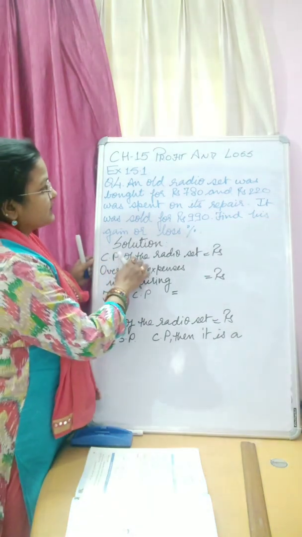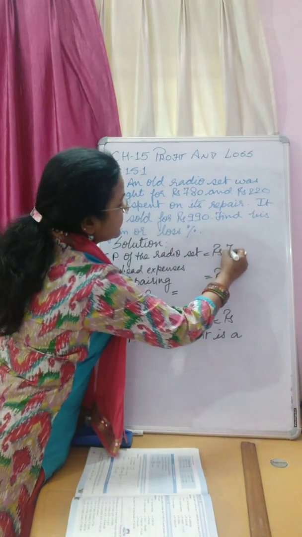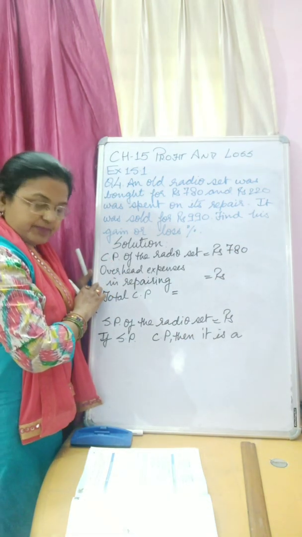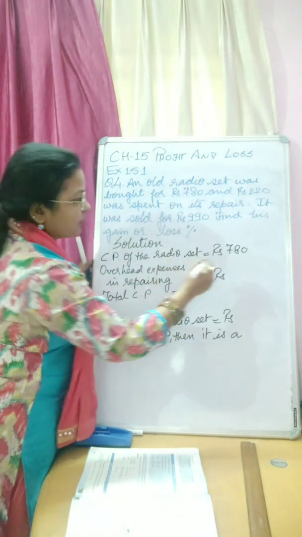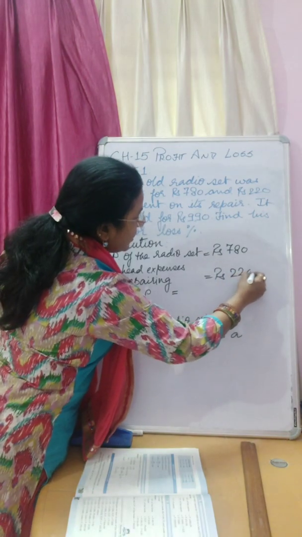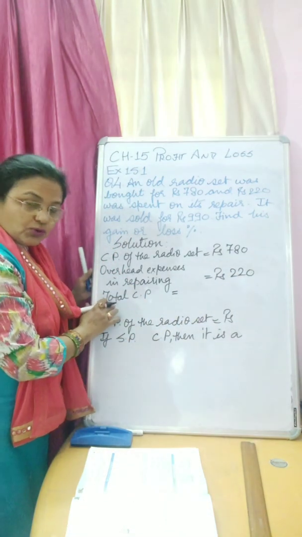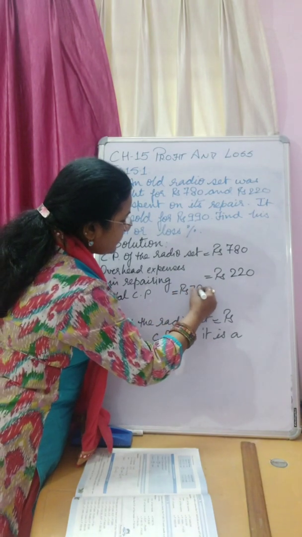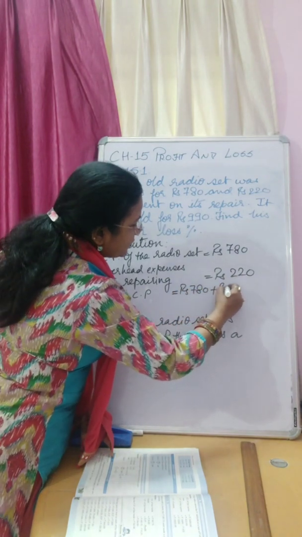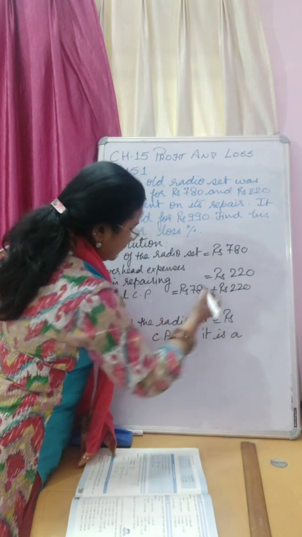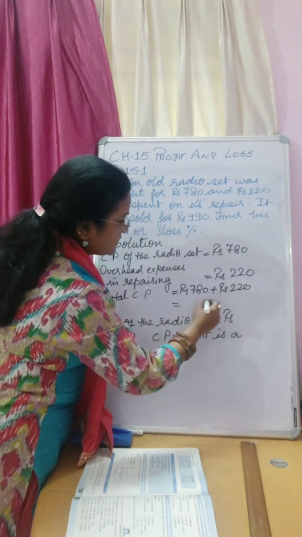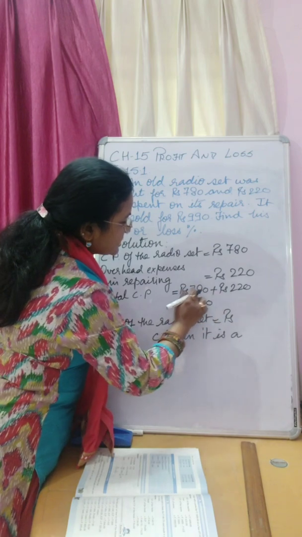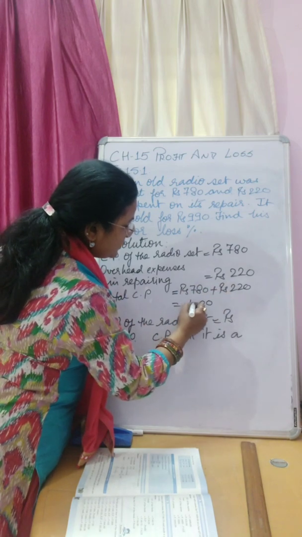Now solution, let us see the solution. CP of the radio set is rupees 780. Overhead expenses in repairing. So repairing was done for rupees 220. So what is now total CP? It would be rupees 780 plus rupees 220, this overhead is added. So that becomes rupees 0, 8 plus 2, 10, carry 1, 7 plus 1, 8 plus 2, 10.